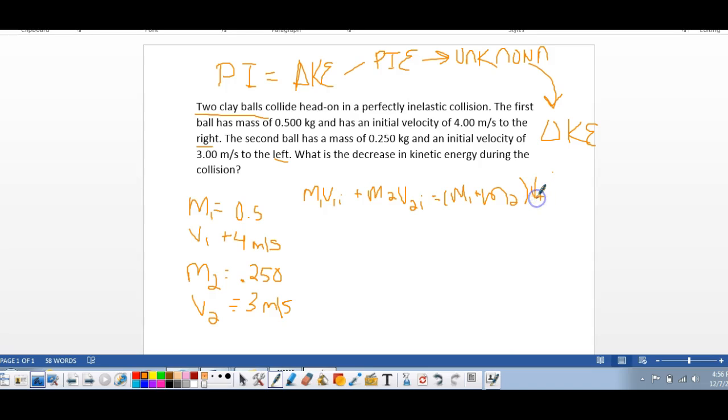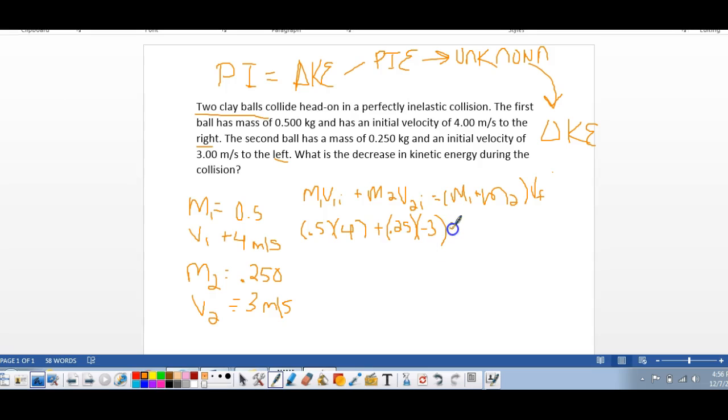They have one velocity. So let me calculate. We've got 0.5, I'll worry about significant figures when I'm done, times the velocity of 4, right? Then we're going to add 0.25, and here's where it really matters. The velocity is -3. It's going in the other direction.